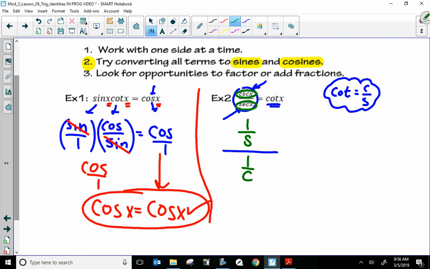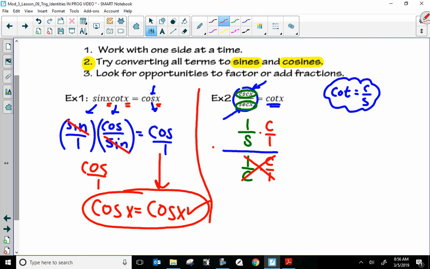Now, I have one fraction divided by another fraction. I want to get rid of the fraction over the fraction and get one expression without a fraction in it, or at least one fraction without fractions in it. I don't want a fraction in the numerator, so I multiply by the reciprocal, cosine over 1. They cancel. What I do to the bottom, I have to do to the top.